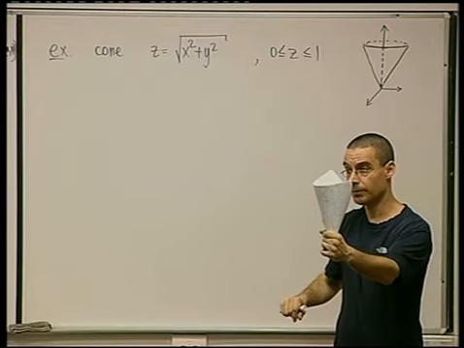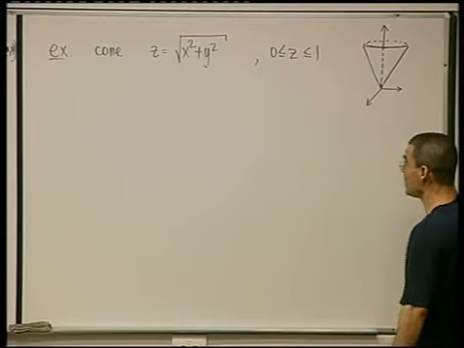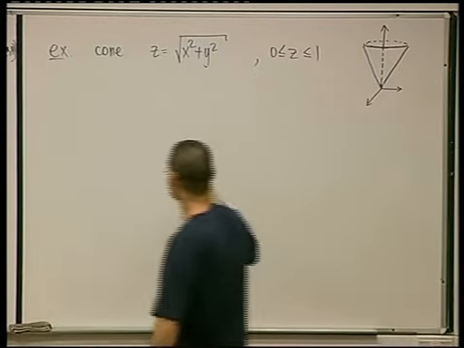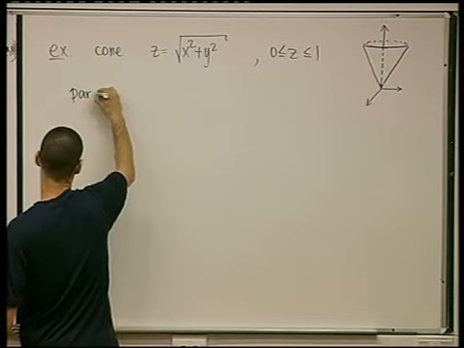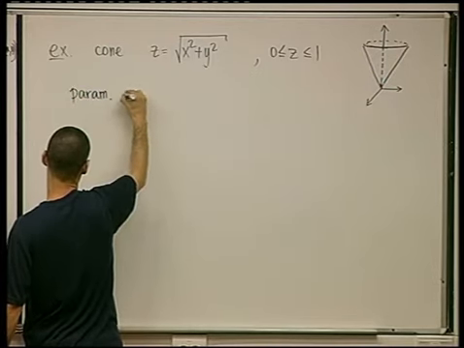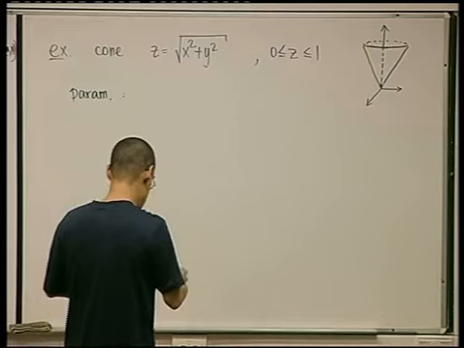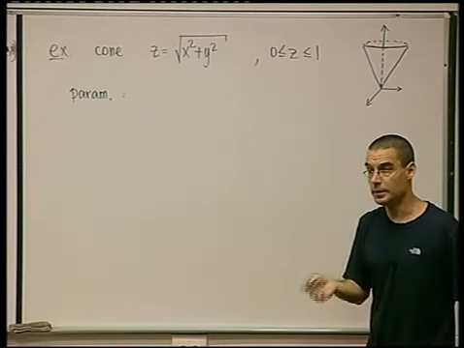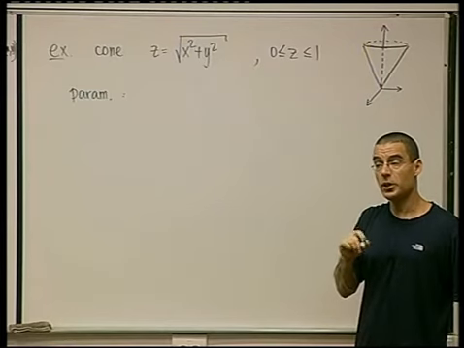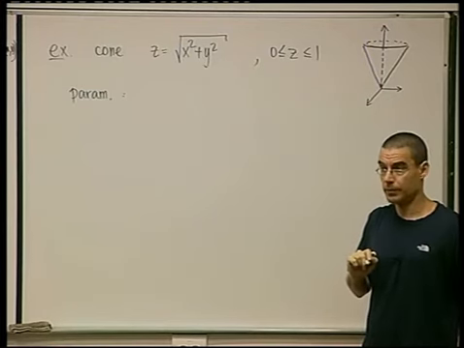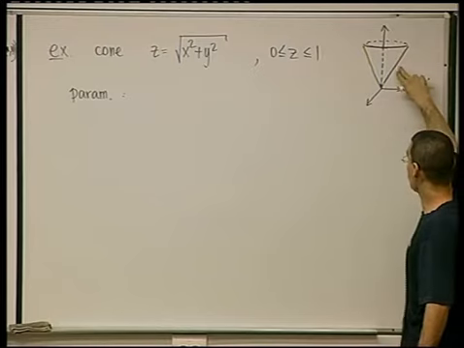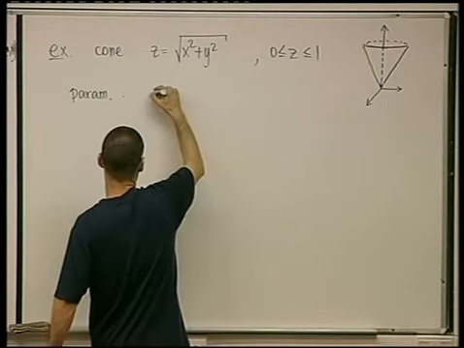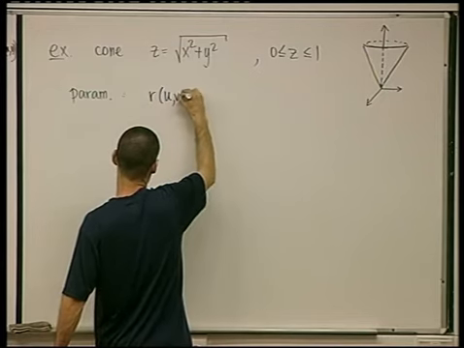Do you agree? Okay. So this is the surface. I want to parameterize it. How am I going to parameterize it? I'm going to take a parametrization based on what we called cylindrical coordinates. Okay? So all the points on this cone are of the form, let's call it R of UV.